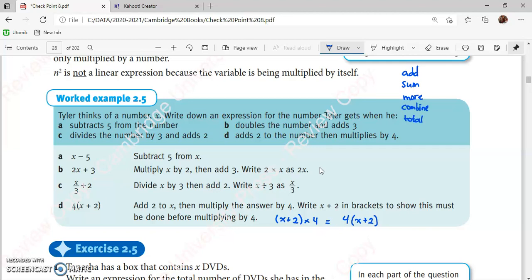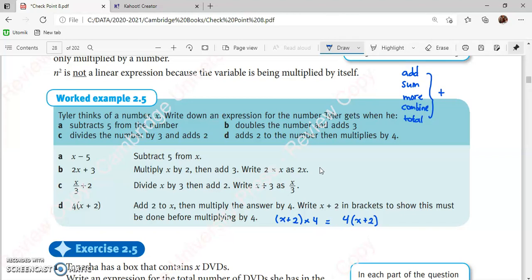If you find one of the keywords like this, it means you have to add the numbers and the variables. It's addition. So the operation will be addition.